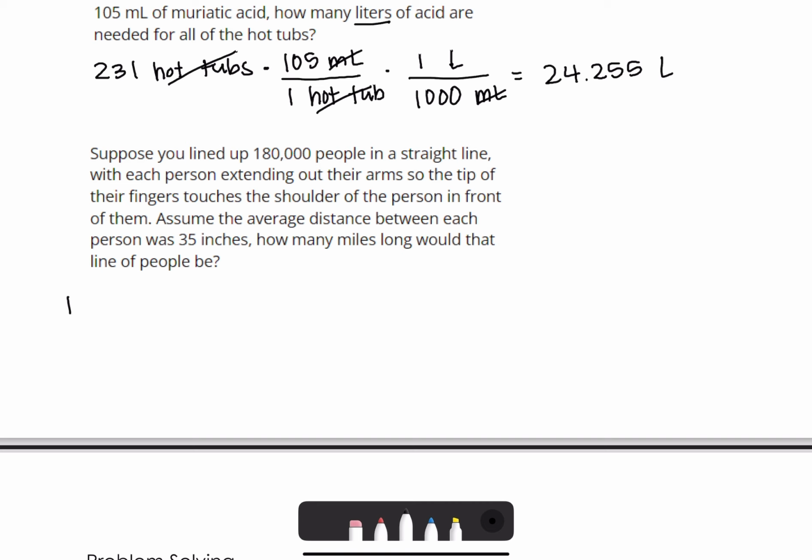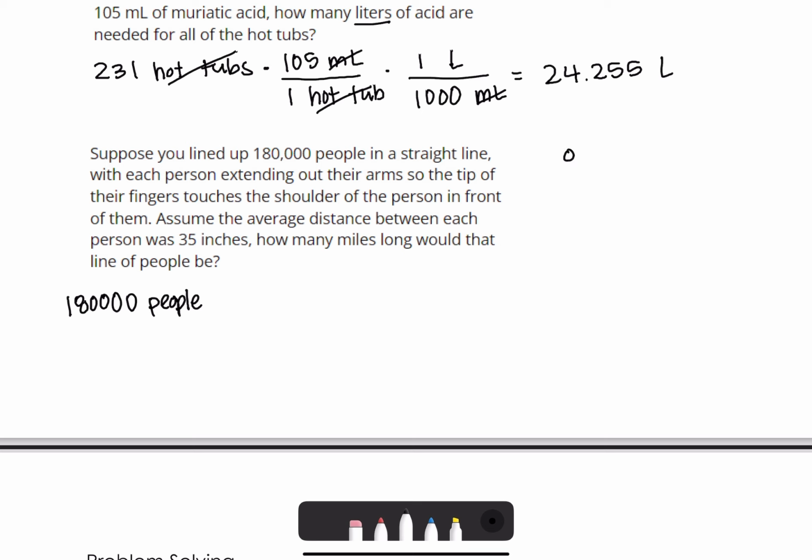This one, we have 180,000 people, and they're standing in a straight line with each person extending their arms out, so the tips of their fingers touch the shoulders in front of them.